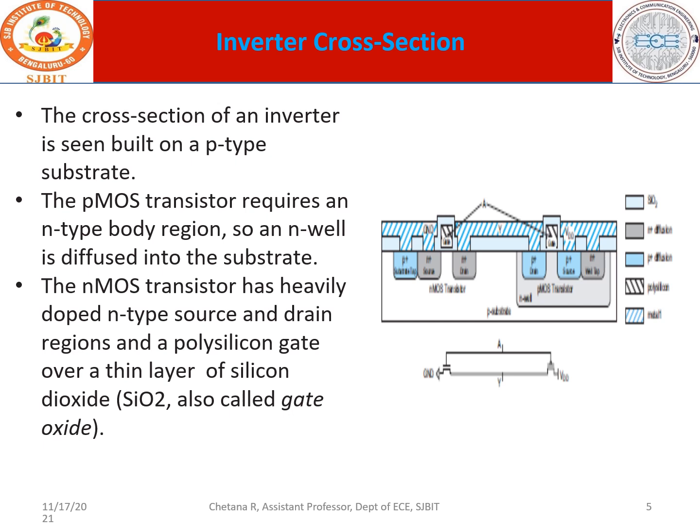So the NMOS transistor has heavily doped N type source and drain, and as I told you, this is a P substrate, so this is N type, this is N type. One is your source, one is your drain, and in the intermediate is your gate.